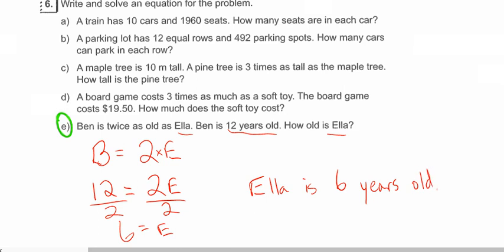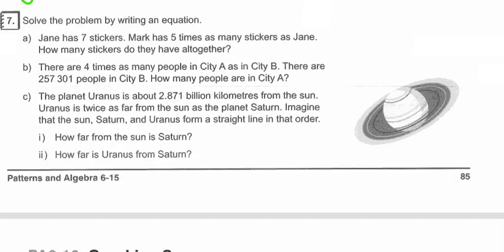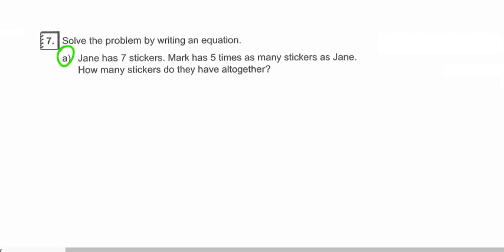Okay, let's move on. For question 7, again, it's solve the problem by writing an equation. So let's take a look at A. This one says Jane has 7 stickers. Mark has 5 times as many stickers as Jane. How many stickers do they have all together? Well, this has a few things we need to work on.